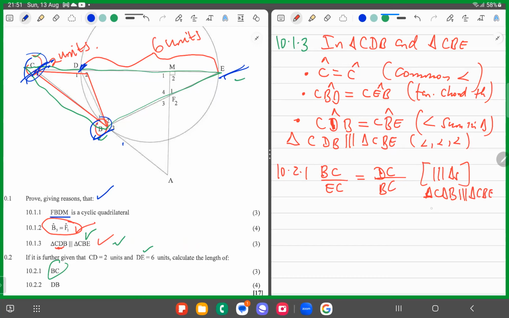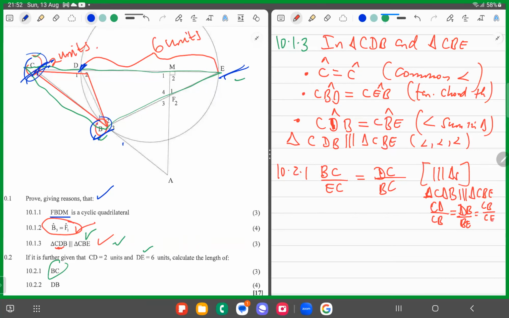And then at this point, you can have some relations. If you take the first two, you can take CD over CB is equal to the last two, DB over BE equals CB over CE.